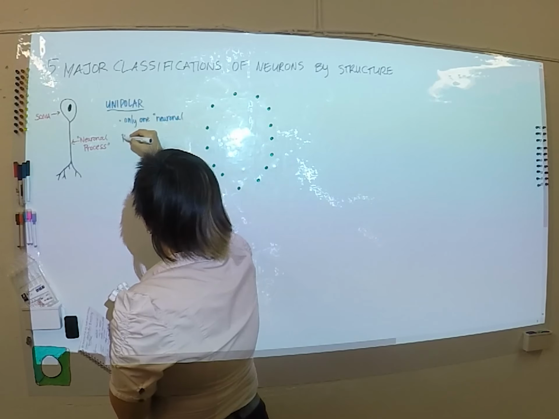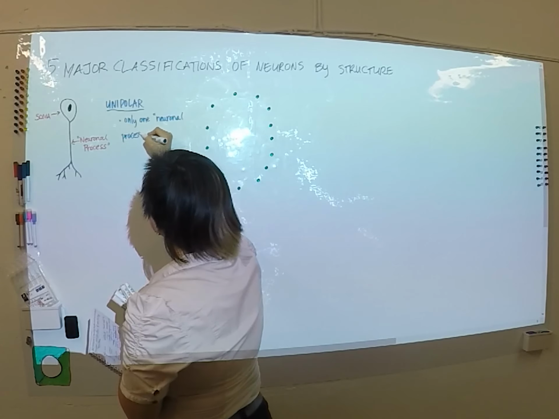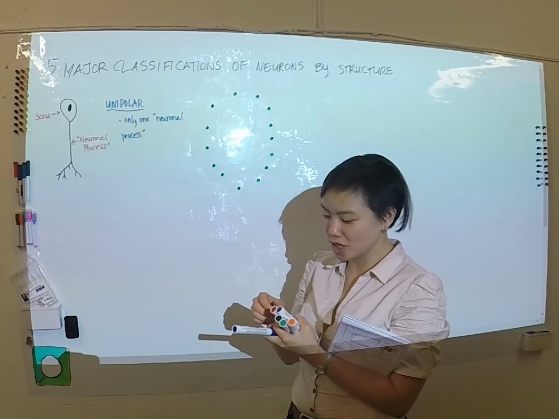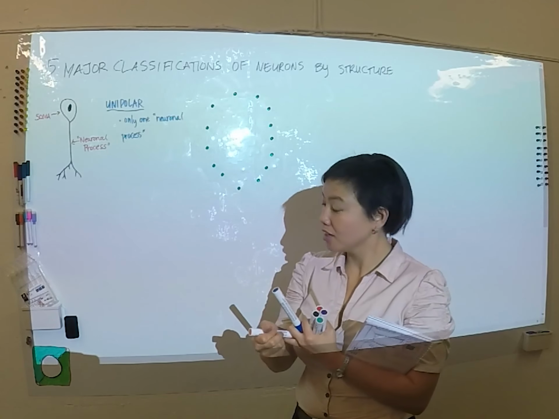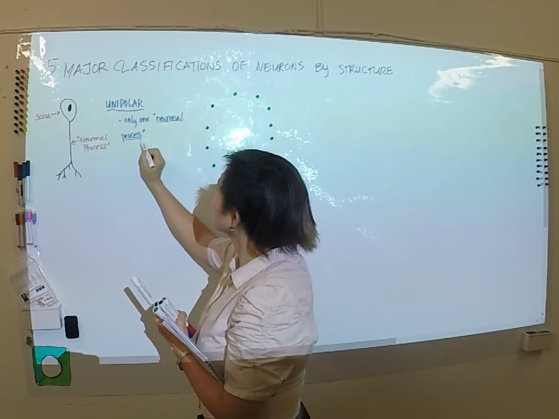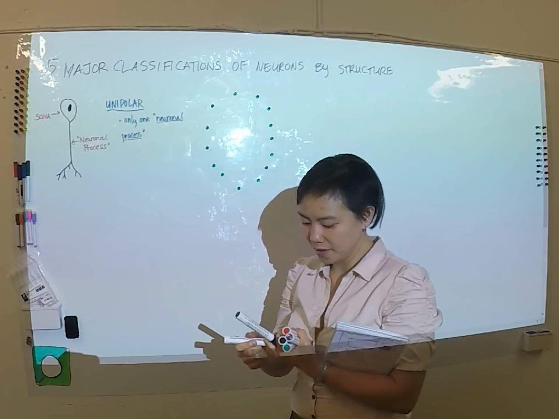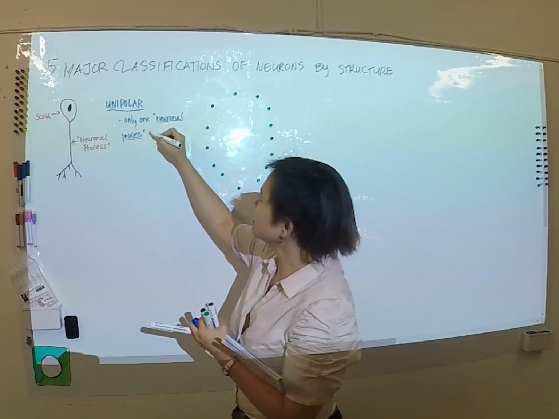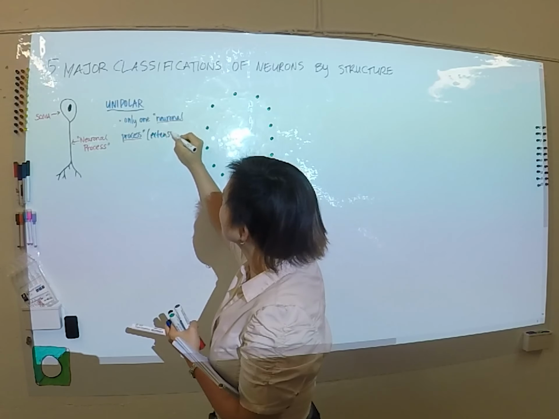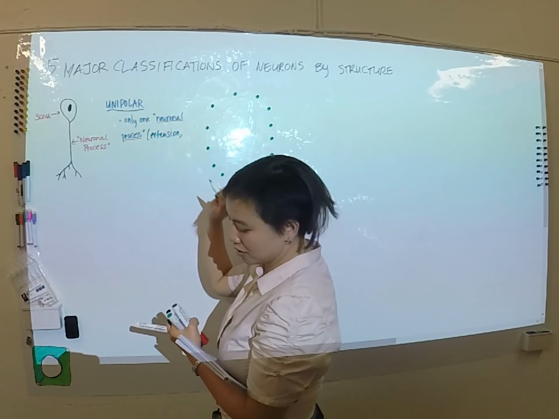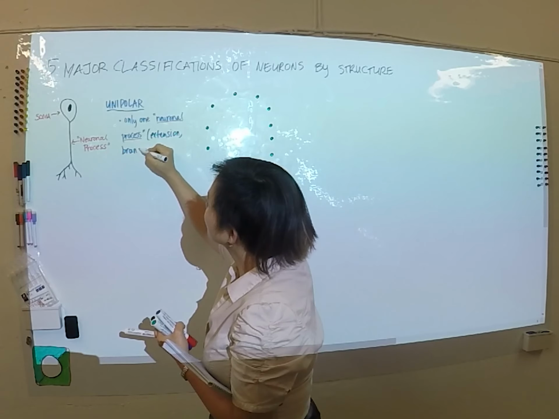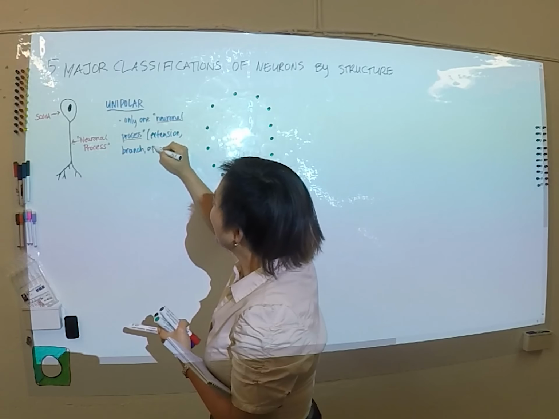And because neuronal process is a new word, let's pick orange this time. That means an extension or branch or appendage.